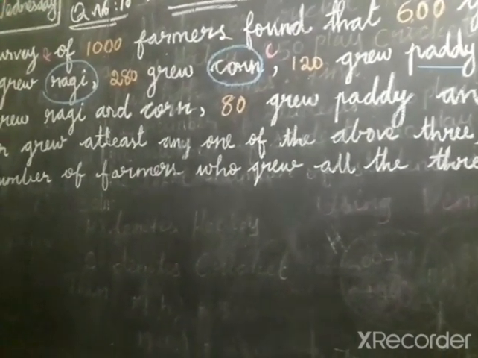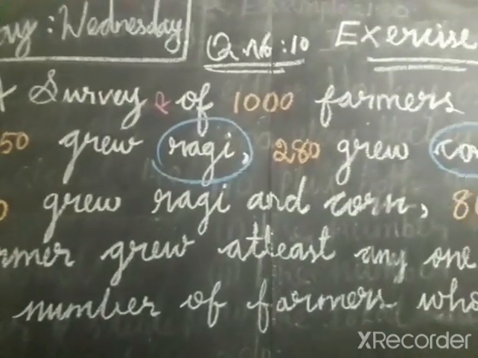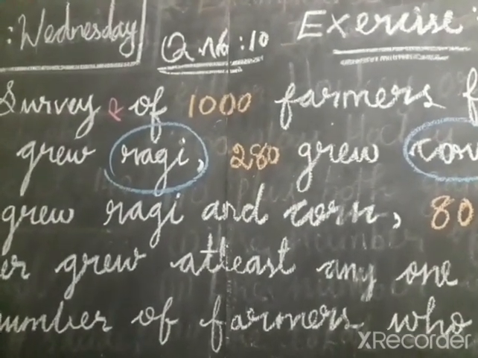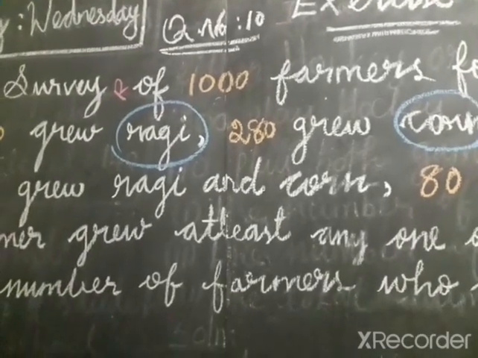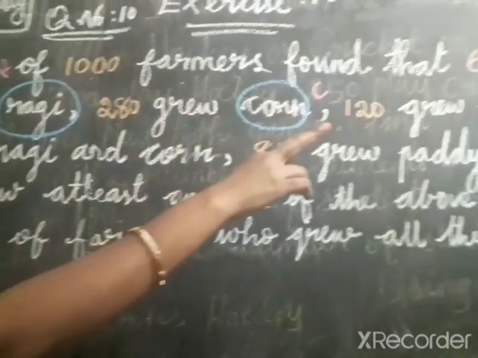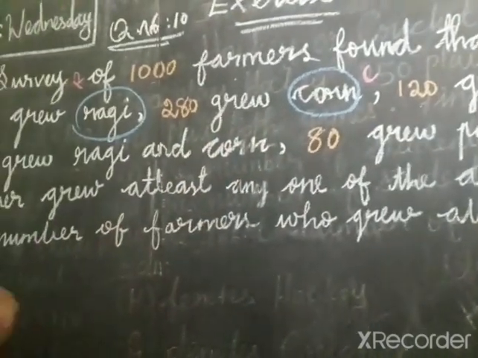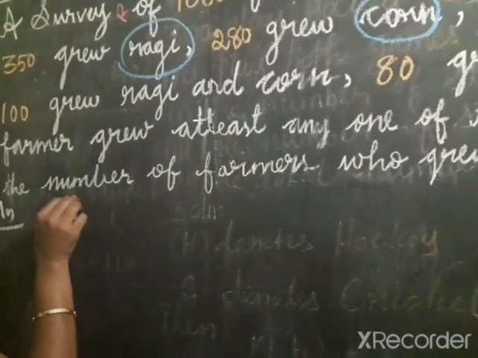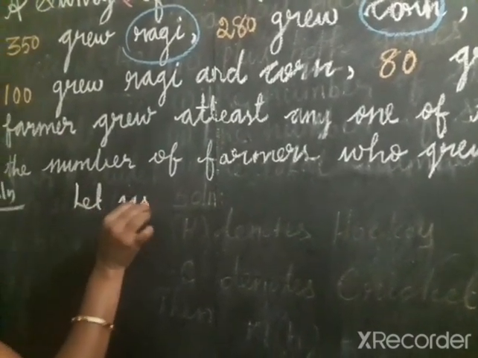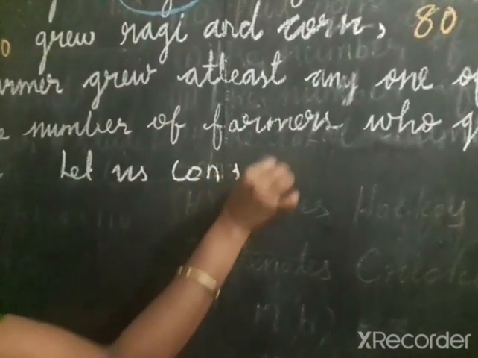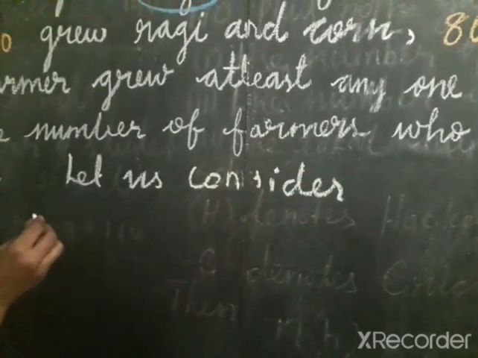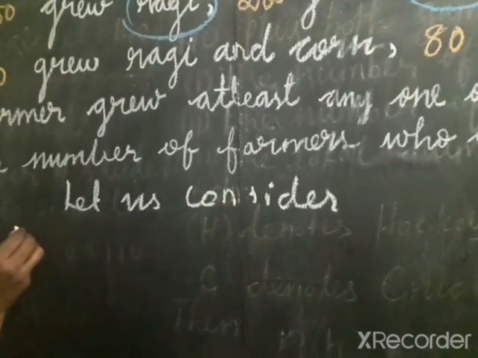Solution. Given a survey of 1,000 farmers. A survey of 1,000 farmers means that is the total farmers. What are the three sets? Paddy, ragi and corn. Let P denote paddy.